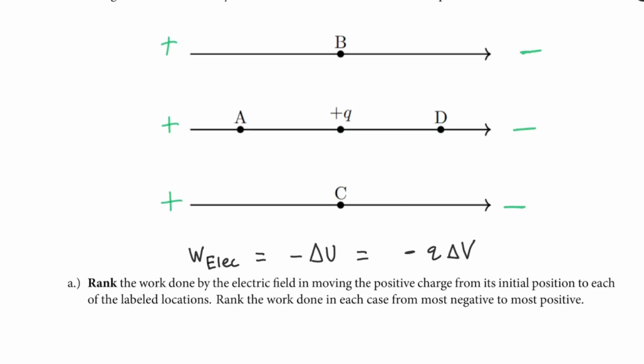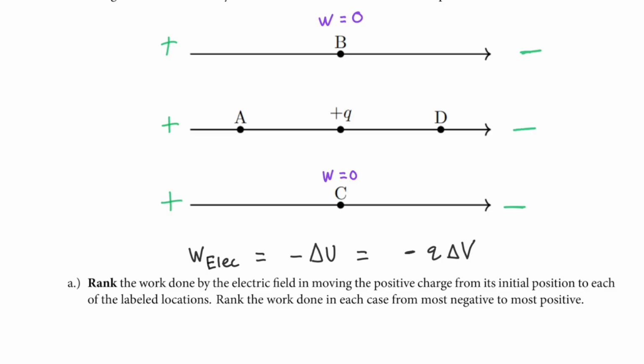So first, we can see that for B and C, the work is going to be equal to 0. Because B and C are neither against the field nor with the field. So that means the electric field does not care if you move from B to C, regardless of what charge you have.